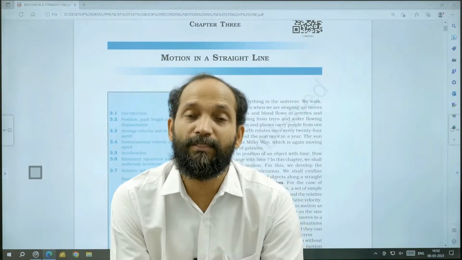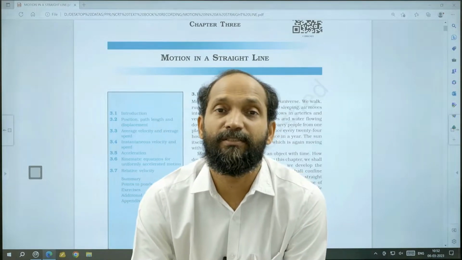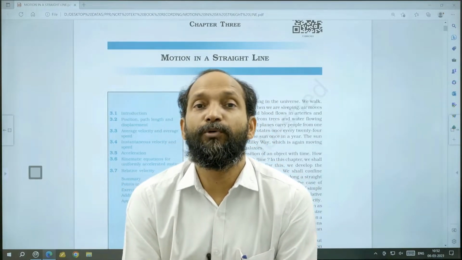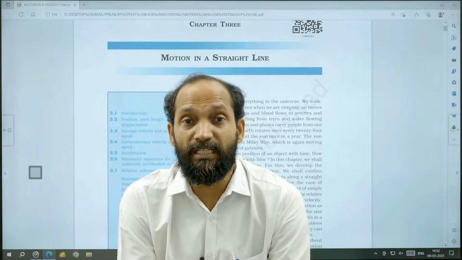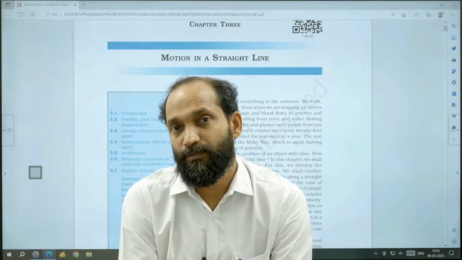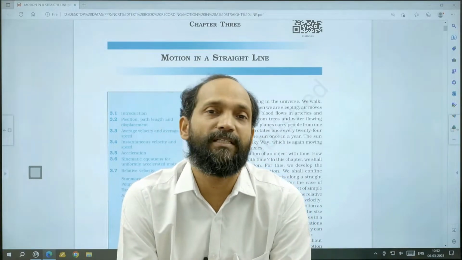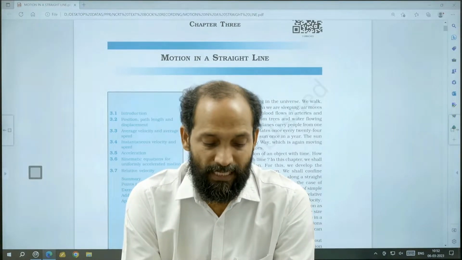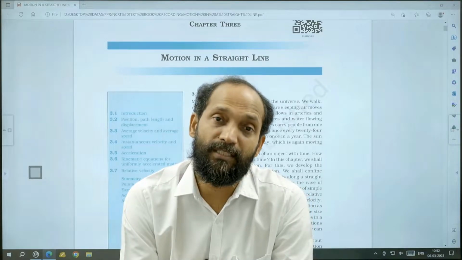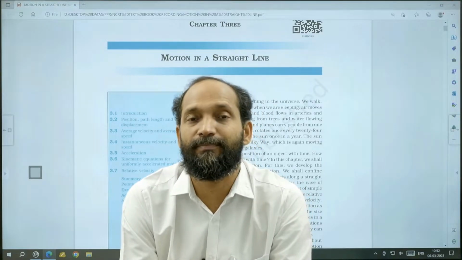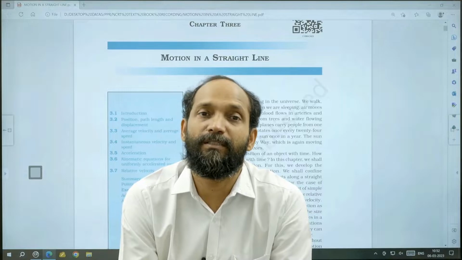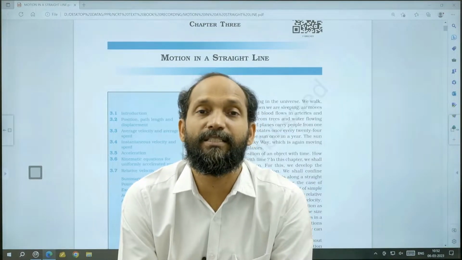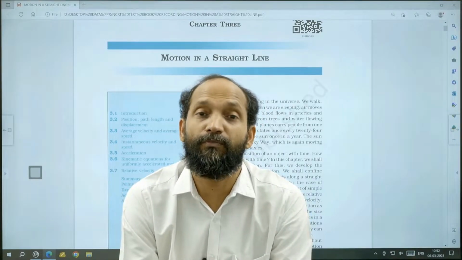In this chapter, we mostly discuss bodies moving in a straight line with constant acceleration, or sometimes acceleration equal to zero. So either acceleration zero or acceleration a non-zero constant. Acceleration is the rate of change of velocity.